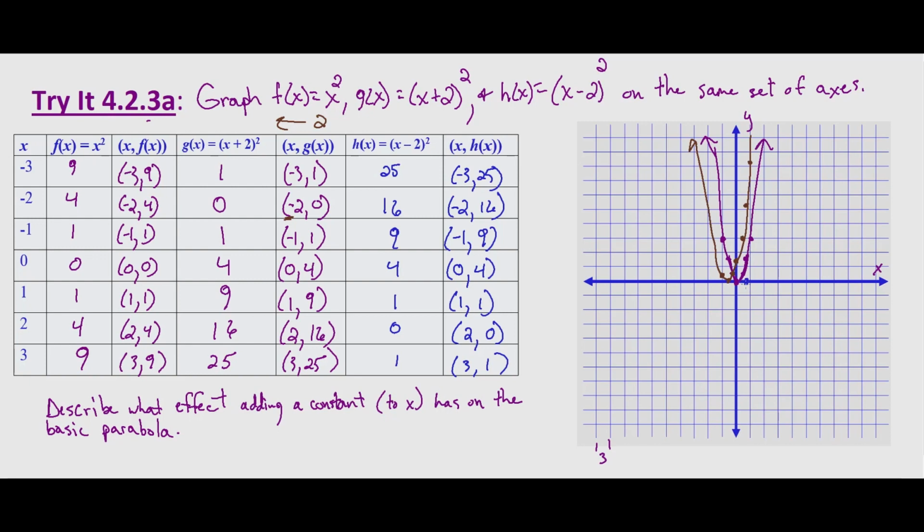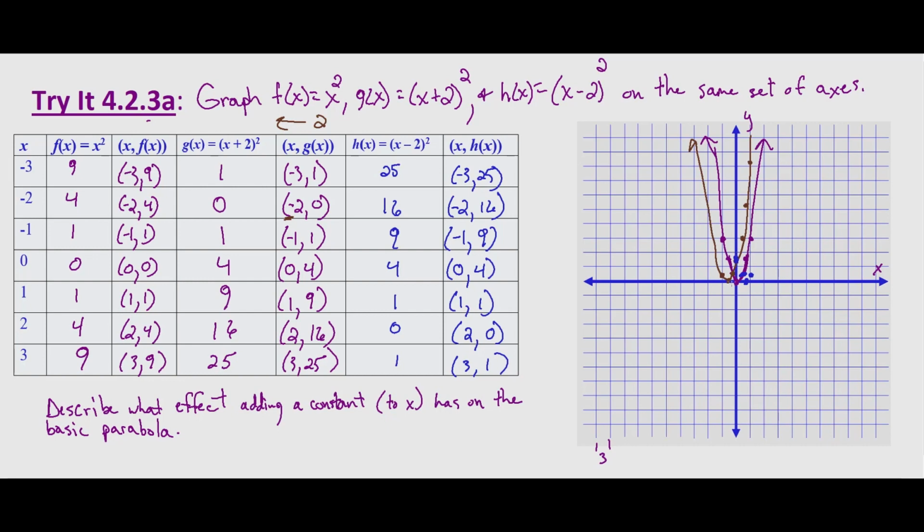Remember, each tick mark is 3. At 1, we're at 1. Should be right about here. At 3, we're at 1, which again is right about here. At 0, we're at 4, so 3, 4.